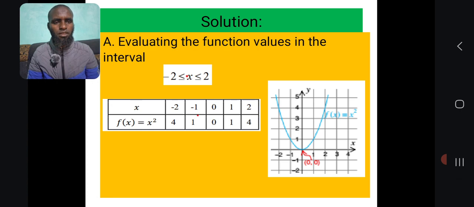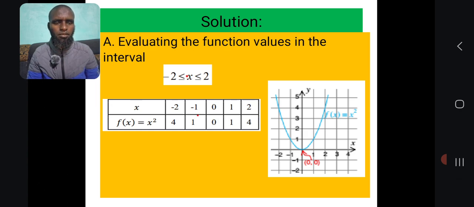Therefore the graph is upward and its vertex is 0, 0. At x is 0, y is 0, and therefore between negative 2 and positive 2, the graph has a shape that looks like this.